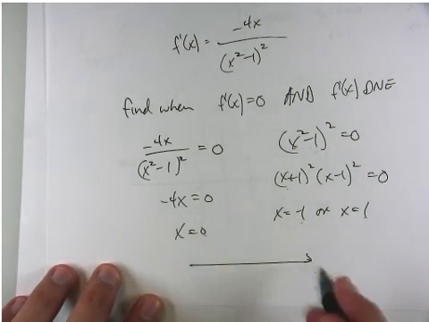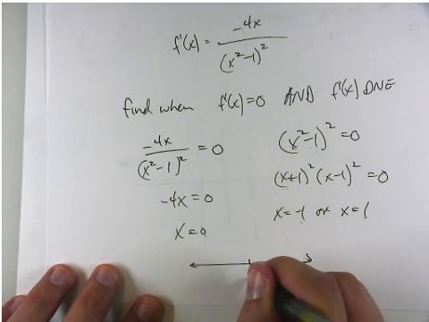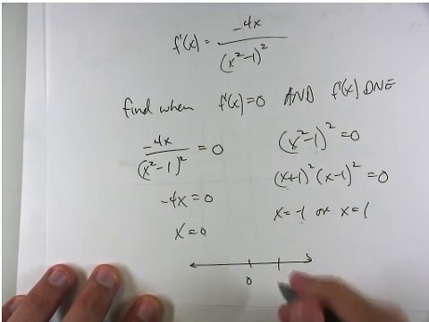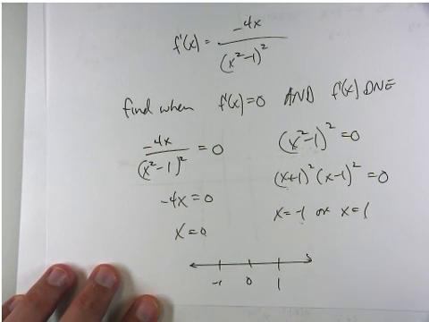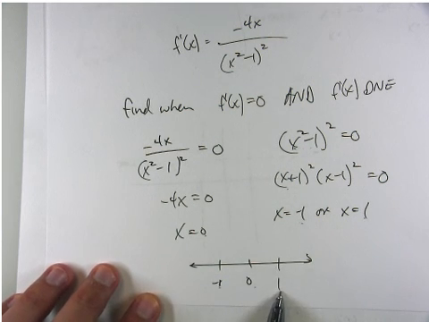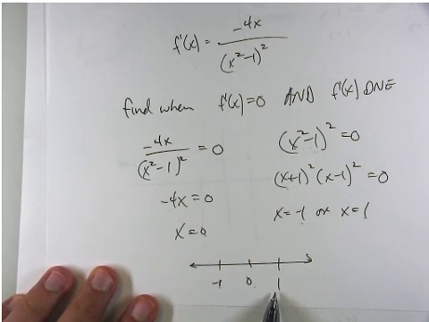So I know that it's not positive or negative at 0. I know it's not positive or negative at 1. And I know it's not positive or negative at negative 1. But I do know that these are the times that the derivative might change.